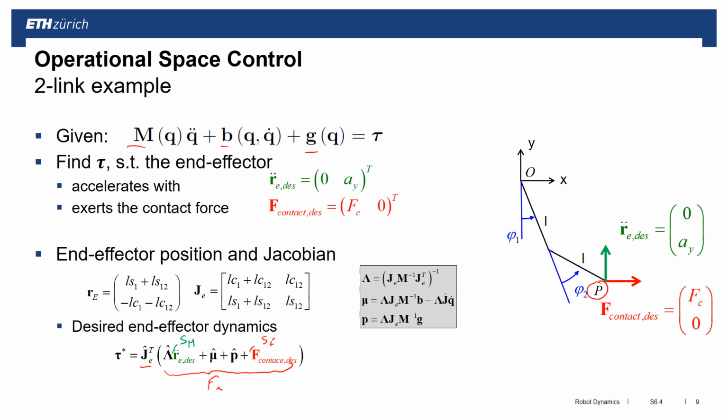But the motions that we have here are already defined in a way that Sm times r double dot is equal to r double dot. So this is already consistent with the wall that we have here on the side, and the same for the force. So if I take my Sm, take this in green, so my Sm is, I can move in y direction, but I cannot move in x direction. And if I multiply Sm with this r double dot, I will again get r double dot.